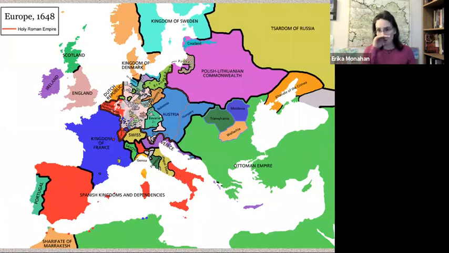Germany and Italy don't unify into the nations that we call Germany and Italy until the 19th century, although these terms exist for centuries prior to their actual formation as unified states.